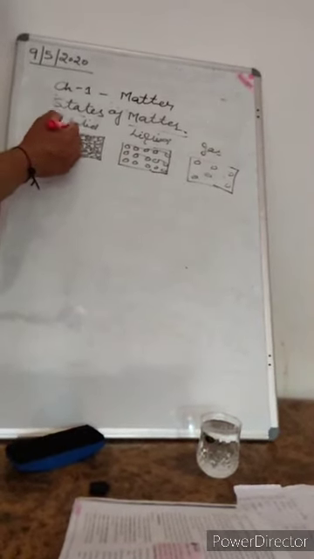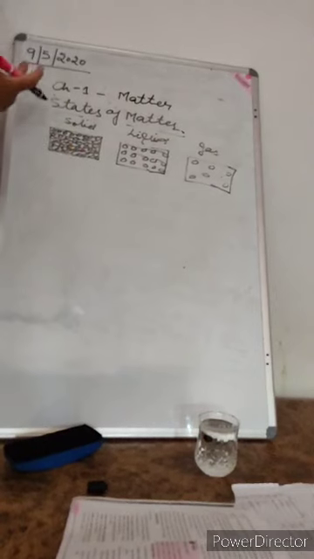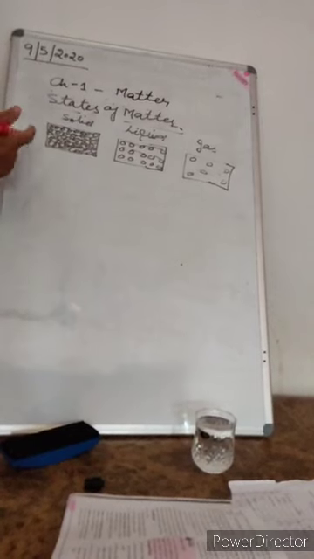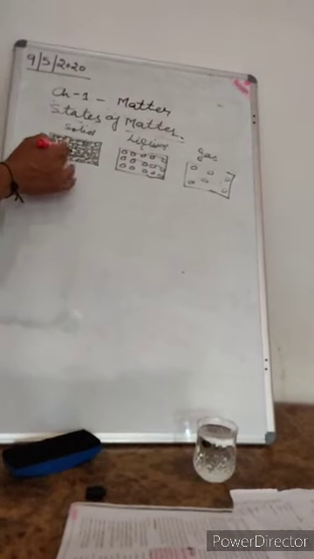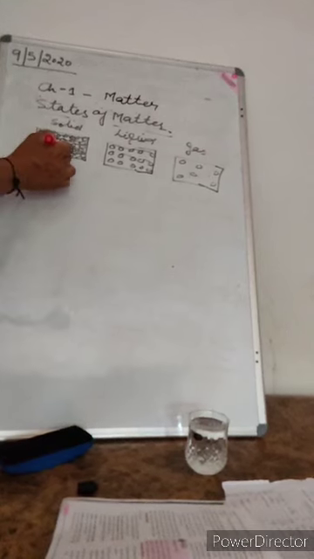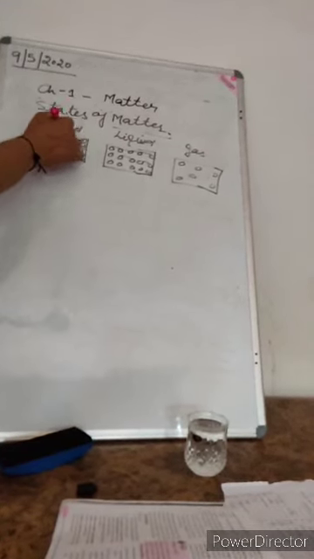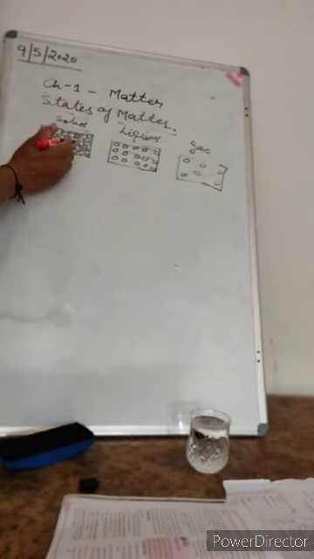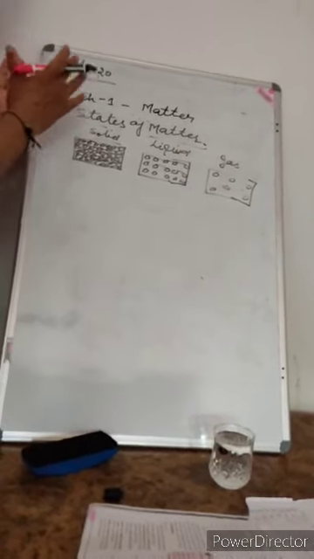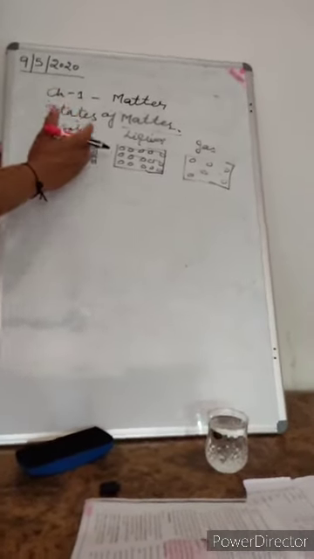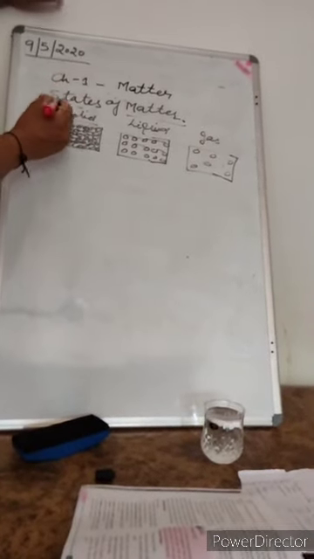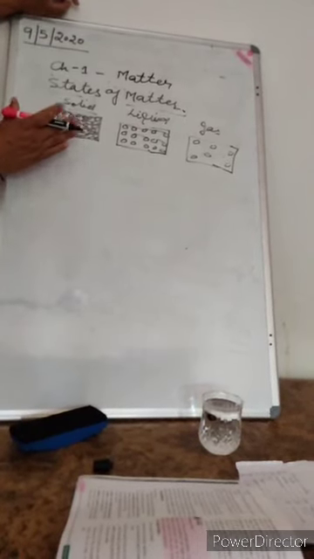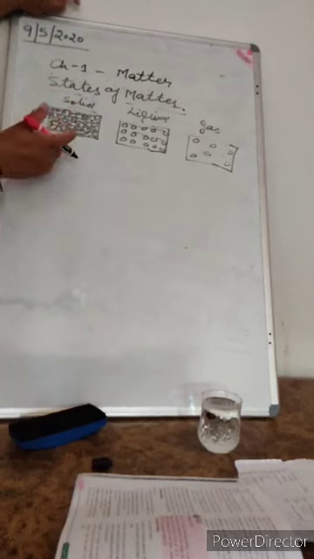Now, let us discuss some physical properties of solids, liquids and gases. Just see that the movement of particles is very less in solids. The reason being that they are very tightly packed. The molecules of the solid vibrate about their mean position. In other words, we can say the movement of particles is very less.